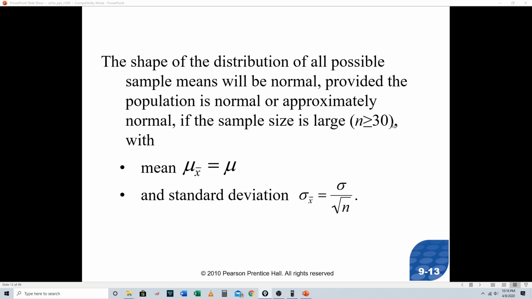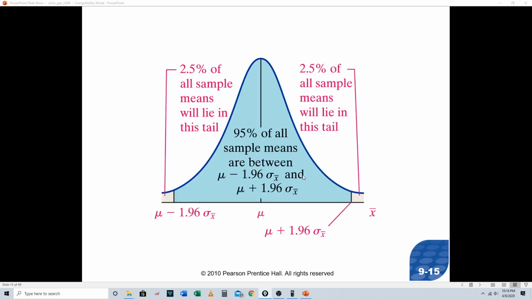So if your sample size is bigger than 30, you don't have to worry about anything. But if it's not bigger than 30, you have to see somewhere in the question that the distribution appears to be normal or seems to be normal, has some type of normal distribution. It needs to be written in the question somewhere. Otherwise, this really is not a good estimate. Okay. So let's look at a question.